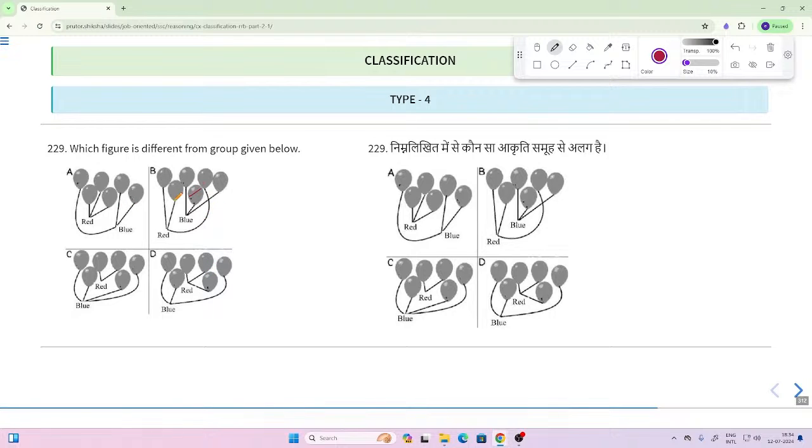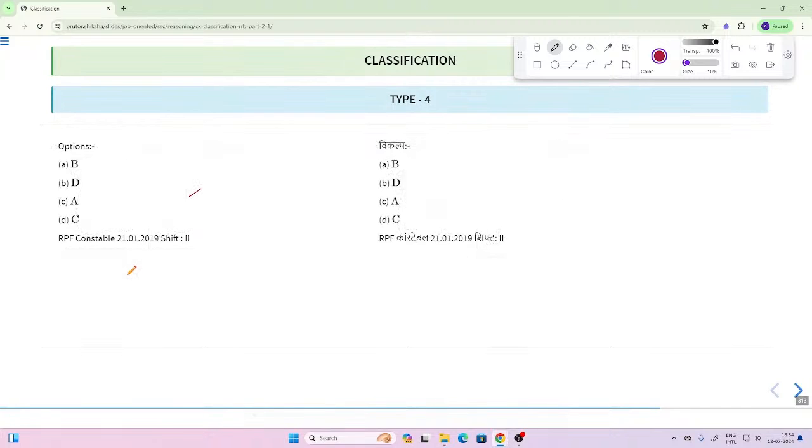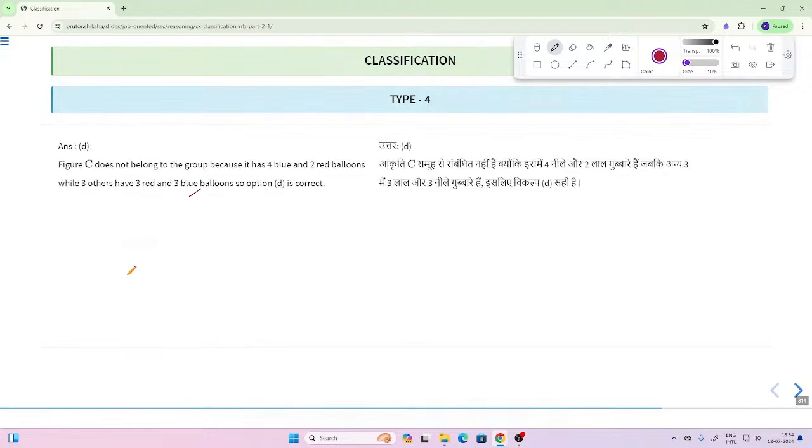Except C, which has 4 blue, 2 red, all others have 3 blue, 3 red. Hence, option C is the odd one out. It does not have an equal number of red and blue. Figure C does not belong to the group because there's 4 blue and 2 red, while others have 3 red, 3 blue. So option D is correct.